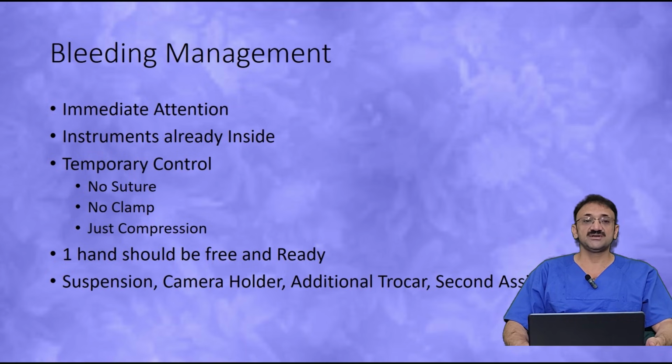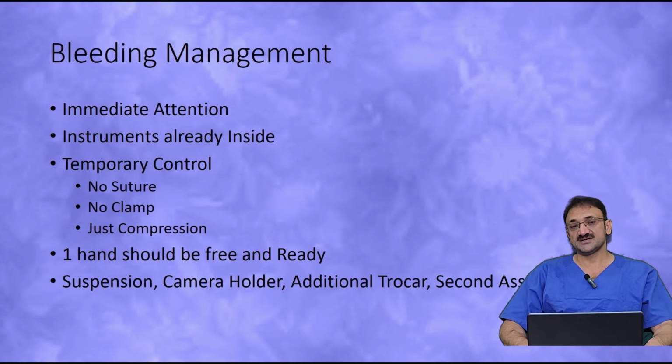Camera holders are usually available if your cameraman is an experienced surgeon, and you need another hand, because one hand is always kept busy by the camera. So you must have a camera holder, so that the camera can be held by the camera holder, and the second hand of the assistant is available for you.